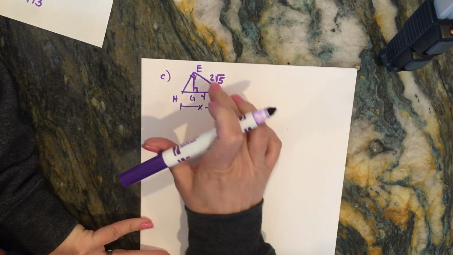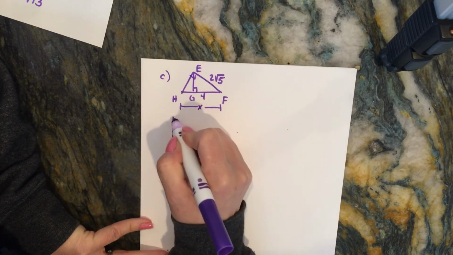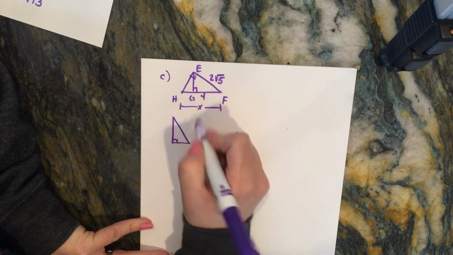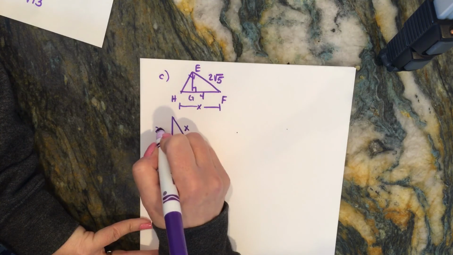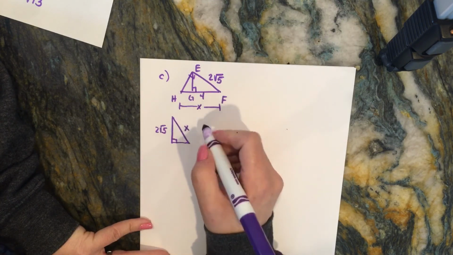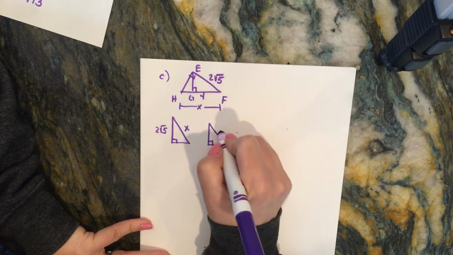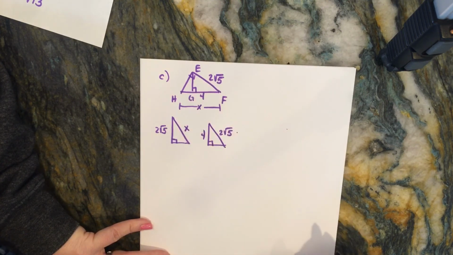So it looks like we're working with medium and large. So here is a medium triangle. Actually, let's make this one the large one. The large has a hypotenuse of x and a long leg of 2 square root 5. And the medium has a hypotenuse of 2 square root 5 and a long leg of 4.